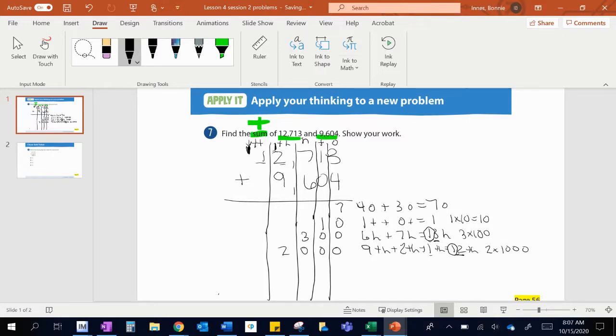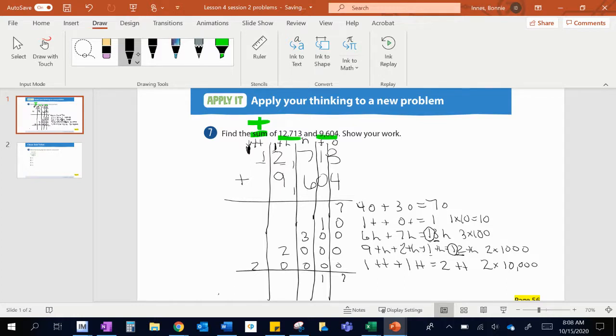So I have the 1 10,000 plus the 1 that I had regrouped, 1 10,000. That equals 2 10,000s. And that is 2 times 10,000. And that is 2 times 1 is 2, and then add my zeros. So 20,000.